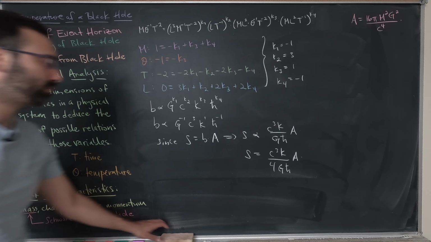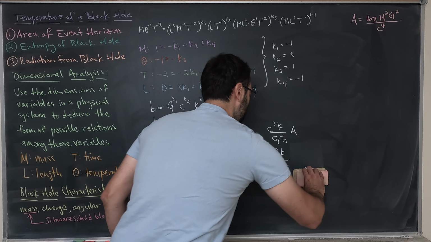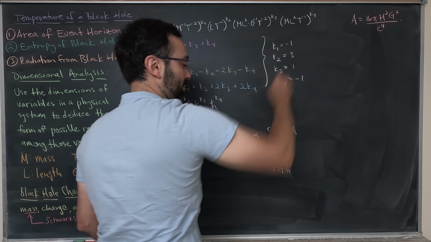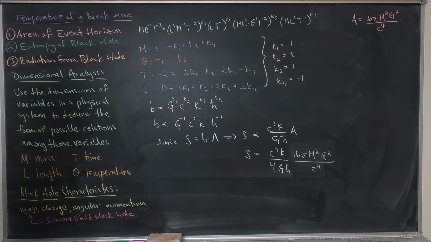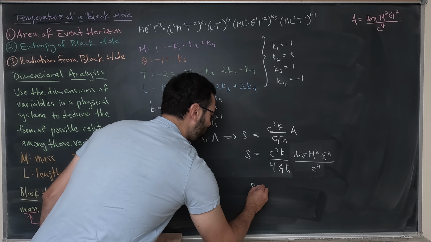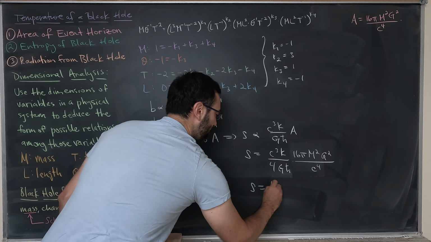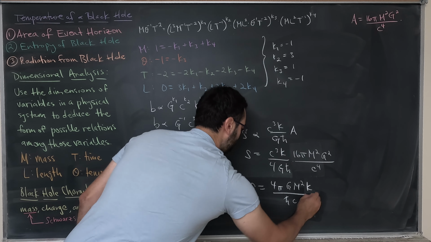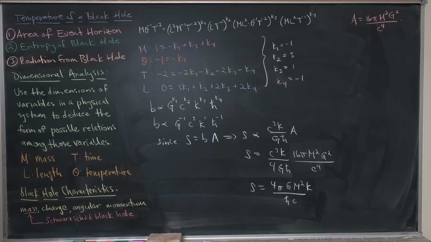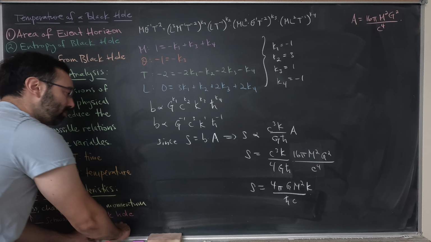But the area of the event horizon is nothing more than what we have still written up there. So that tells us that the entropy of a black hole is nothing more than 4 pi G m squared K divided by H bar C. Okay, perfect. So let's add that to the list of our results.